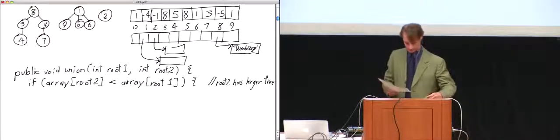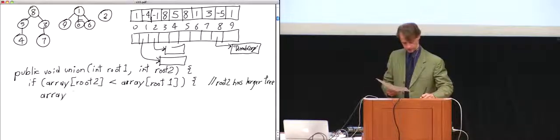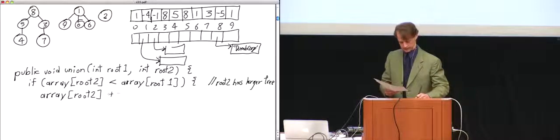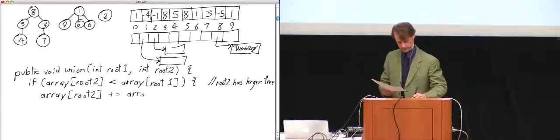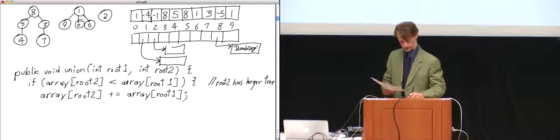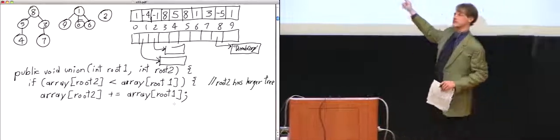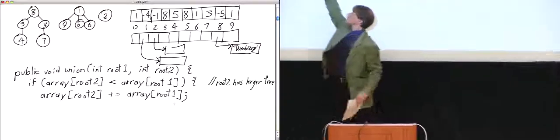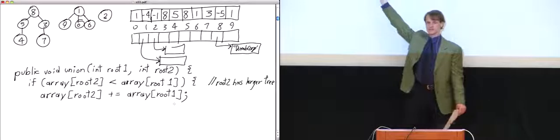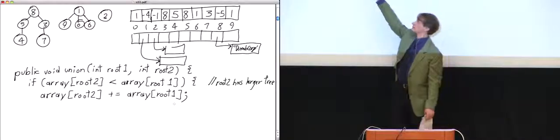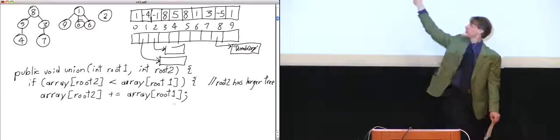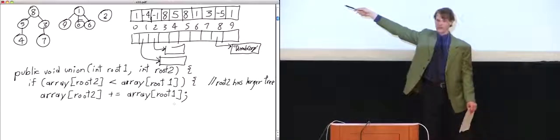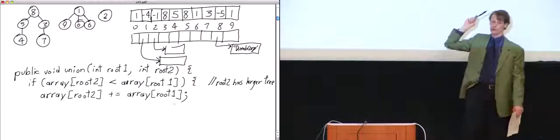And if it has the larger tree, then we're going to make root 1 point to root 2. But before we do that, we need to update the size of the tree at root 2. If you haven't seen this notation before, this plus equal is Java and C shorthand for array root 2 equals array root 2 plus array root 1.